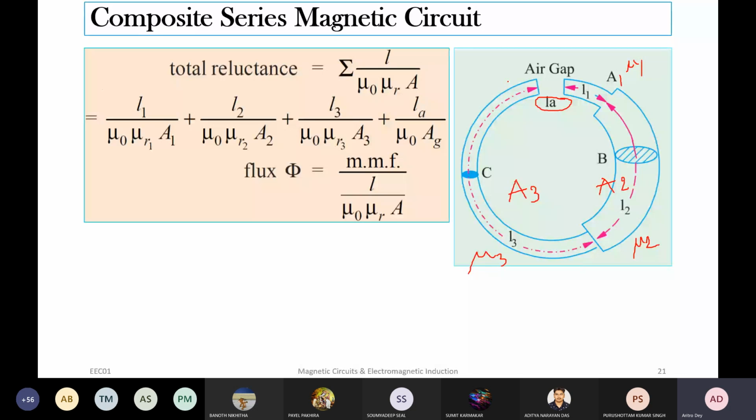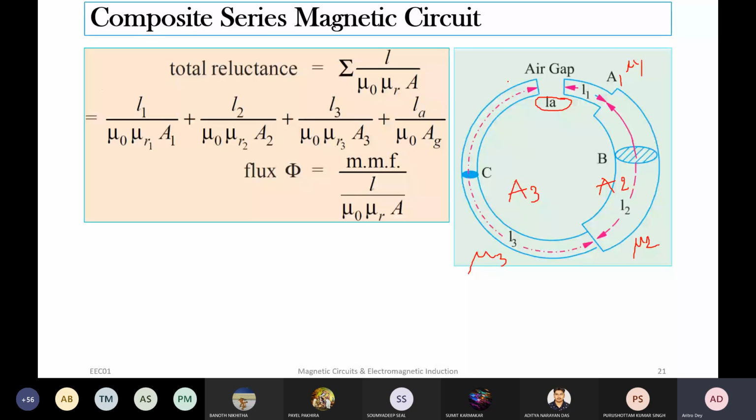Then you can write the total reluctance as L1 by mu0 mu R1 A1, plus L2 by mu0 mu R2 A2, plus L3, like that. And at the end, for the air gap, mu R is equal to 1.